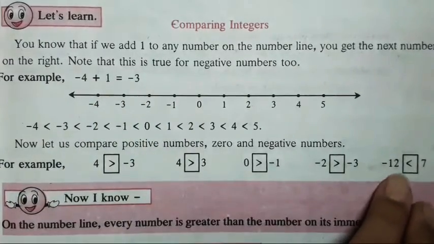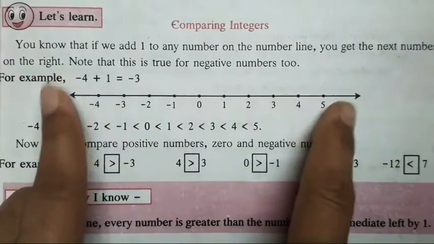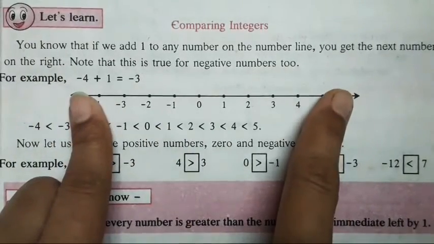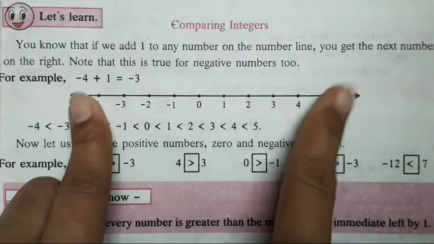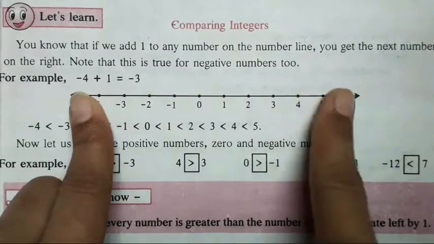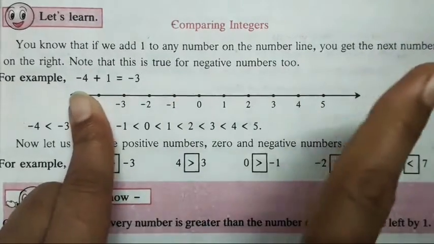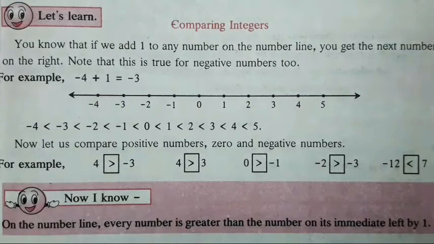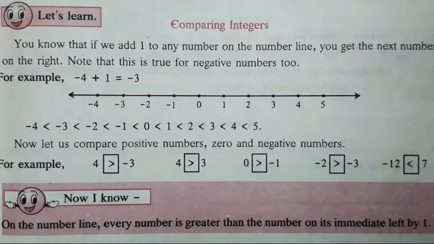Got it? -12 and 7. Now over here they haven't given, but -12 will be over here and 7 will be over here. तो कौन सा वाला बड़ा रहेगा? यहाँ पे. So always the right hand side वाला number is going to be greater. Okay, so always remember the number line, keep that number line in your mind, and then you have to decide which one is smaller and which one is greater.